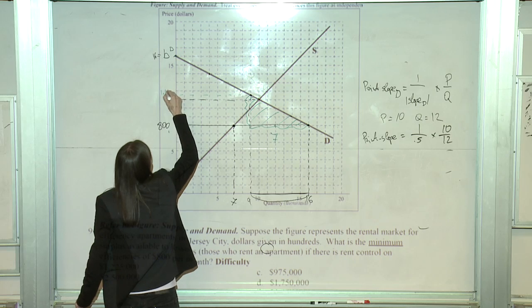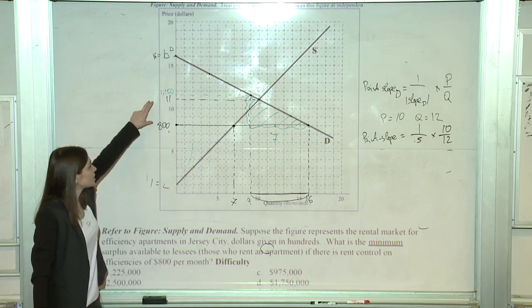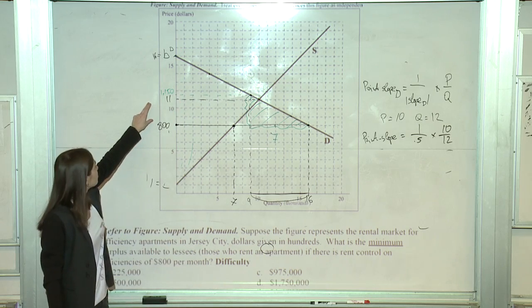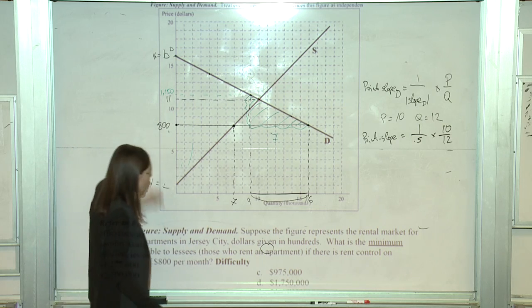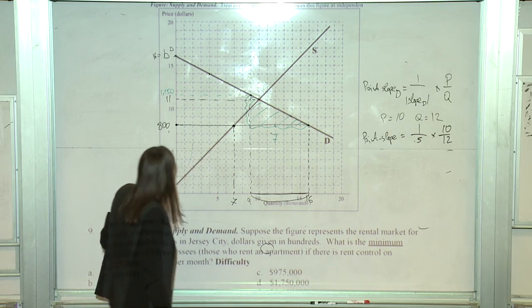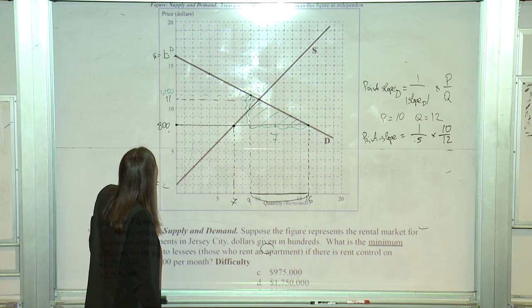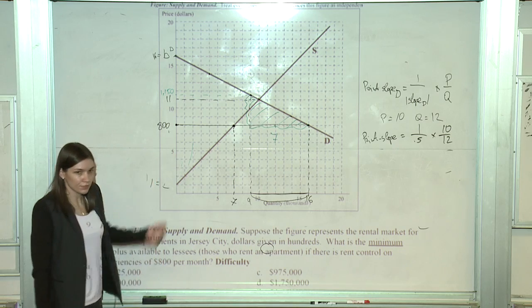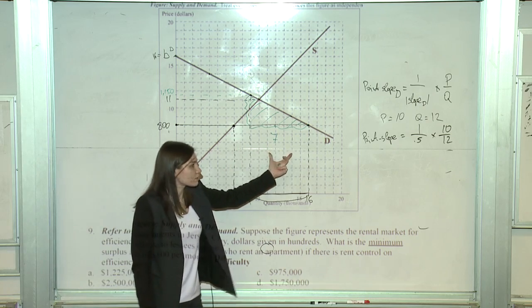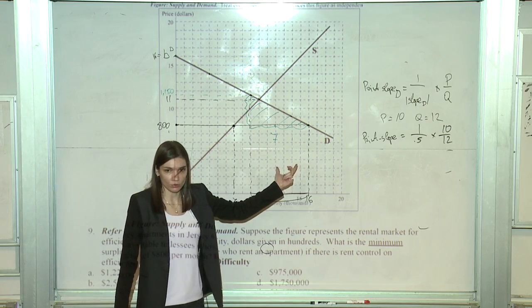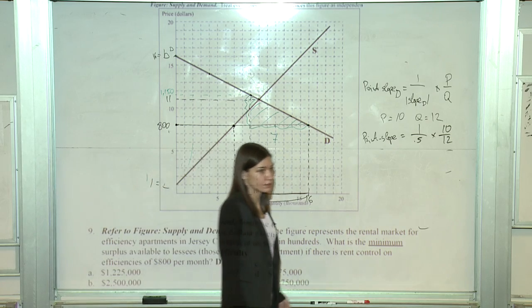So 1,150. So this is 3,050. No, sorry, this is 11.5. Yeah, 350 is the difference, and this is 7,000. Multiply, divide by 2, and we get our surplus.